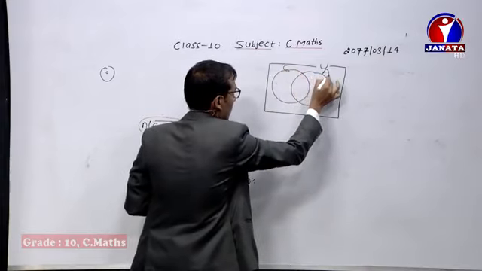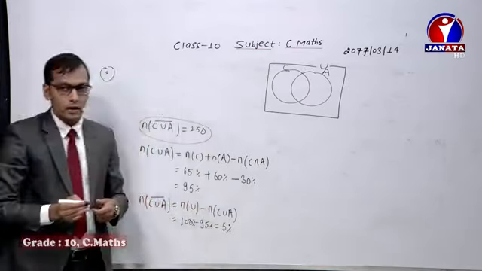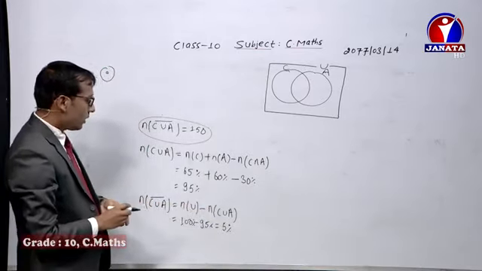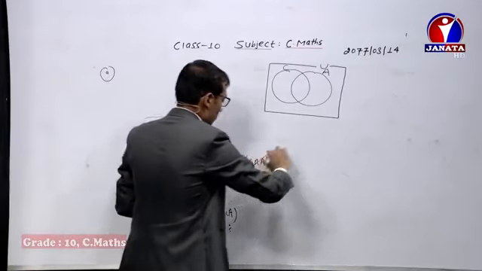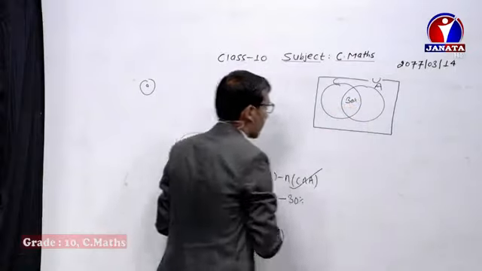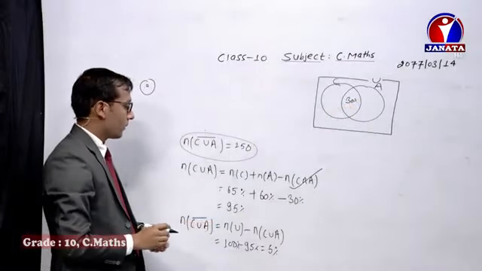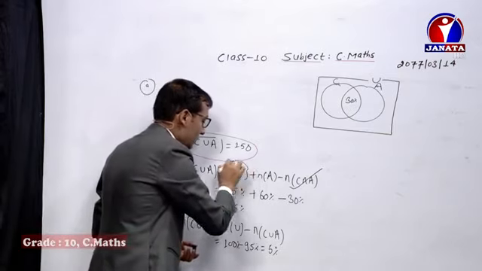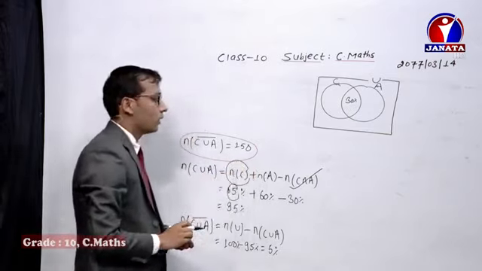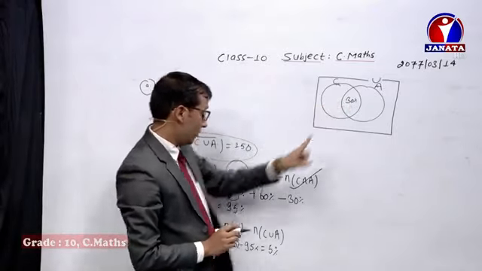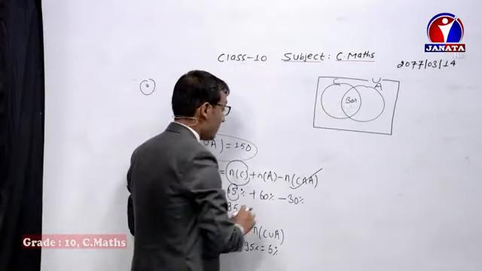C and A are the two subsets of a universal set U. So what is the intersection? Intersection is 30%. What is N of C? N of C is 65%. So for N only C, we subtract 30% from 65 and we get N only C.